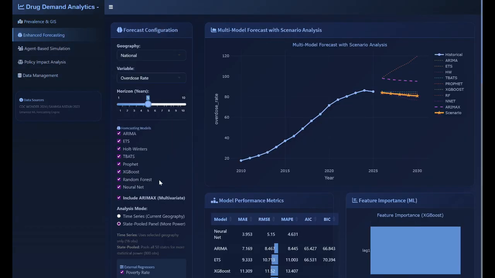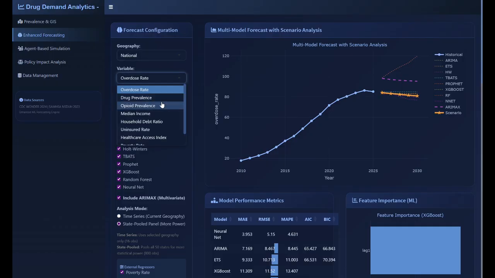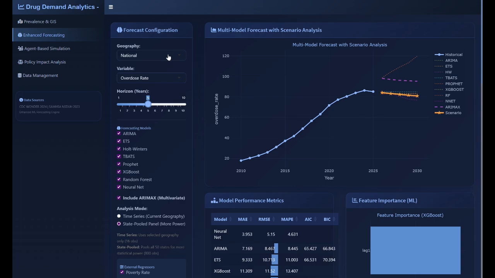Moving on, we can also forecast nationally or by any state what the overdose rate, drug prevalence, and opioid prevalence would be forecasted to be going forward to 2030, right? So in this example, I'm going to look at the national indicators, and I'm going to just look at the overall overdose rate per state.